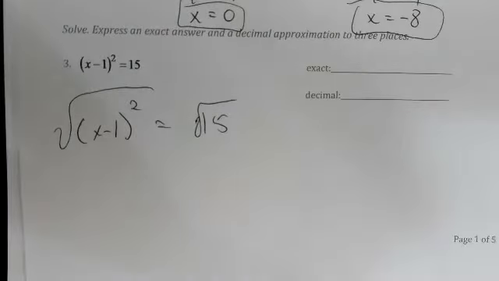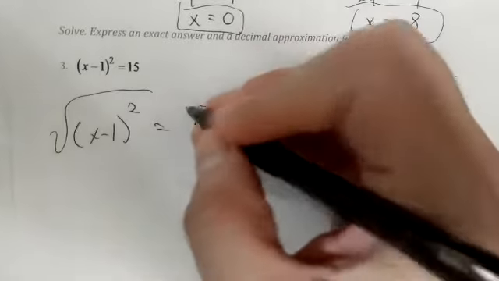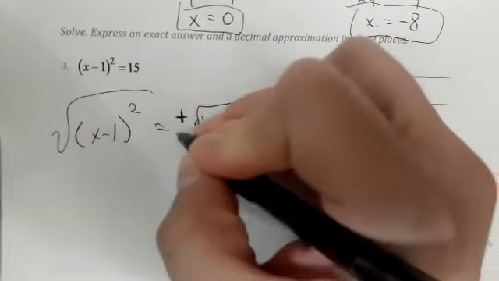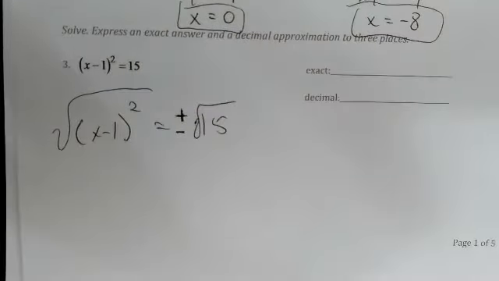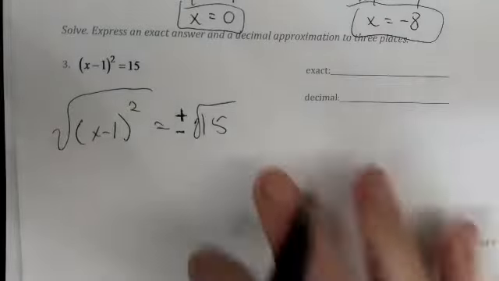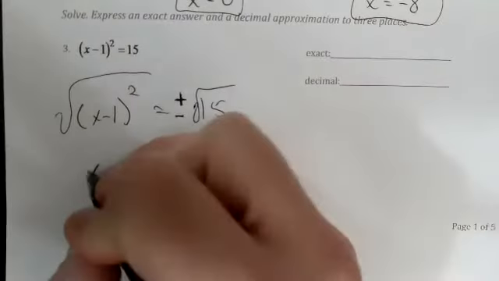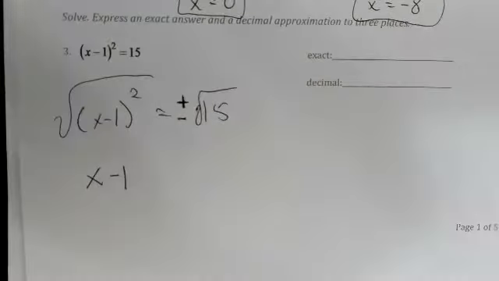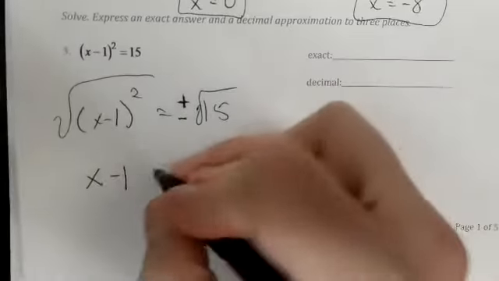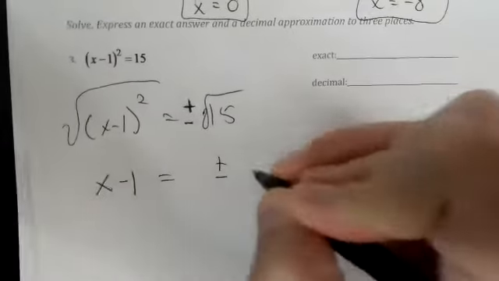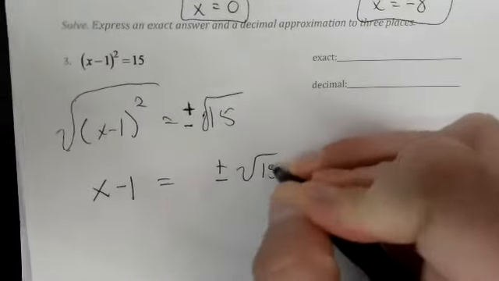But if I take a square root of a variable, the square root property tells me I have to take a plus or minus. So I'm taking a plus or minus root 15. So this side looks like x minus 1. We got rid of our square. This is equal to plus or minus root 15.